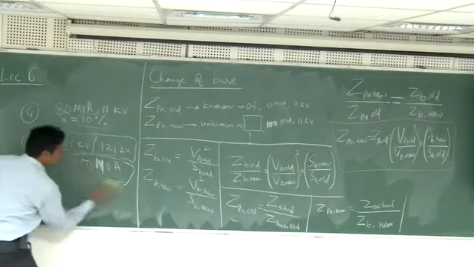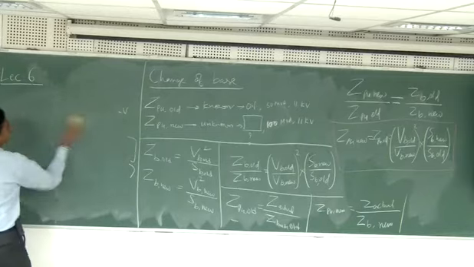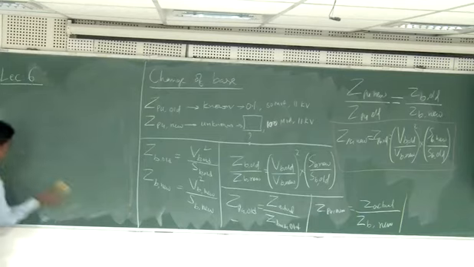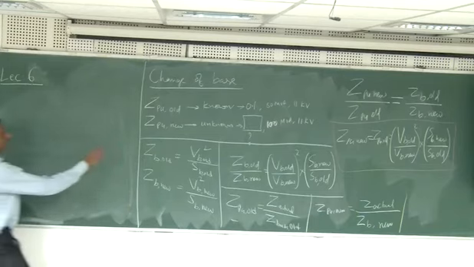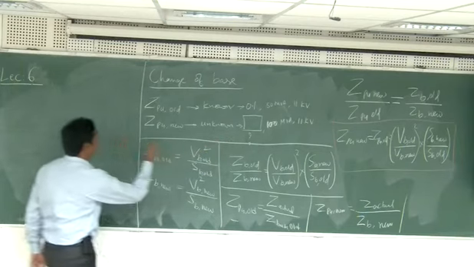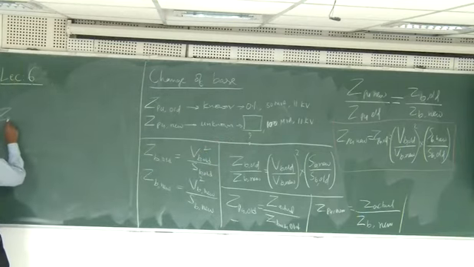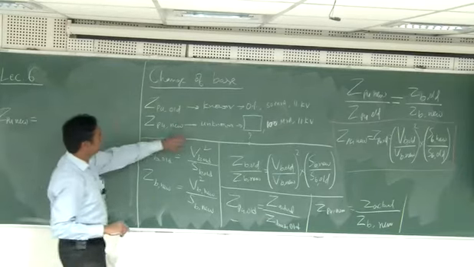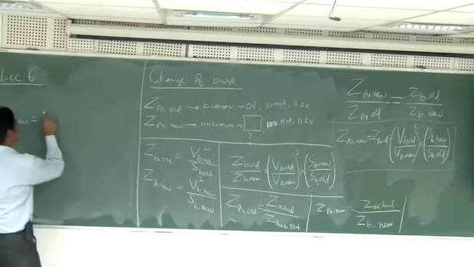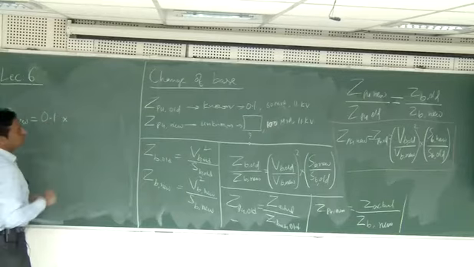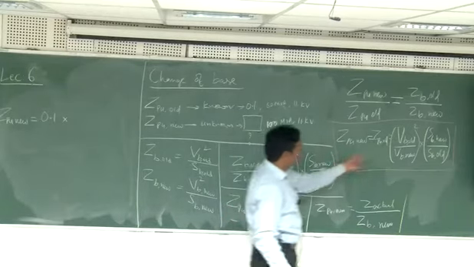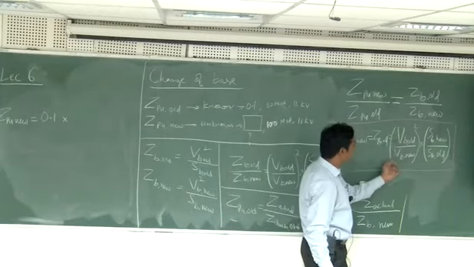I think I can remove this. So what I'll do is, this one I don't know. So Z per unit new equals, I'll take the old one, which is 0.1, and then multiply by V base old by V base new.